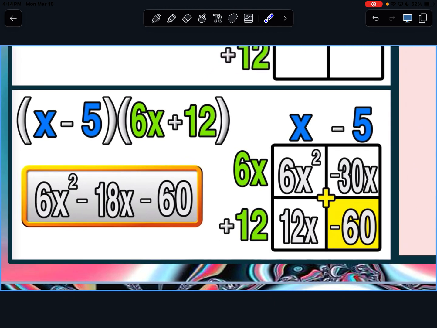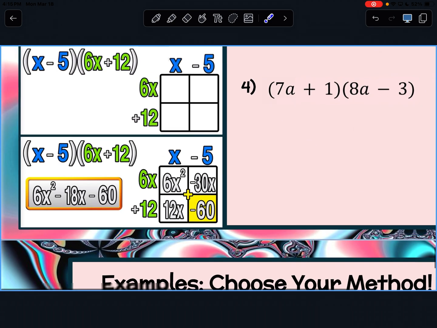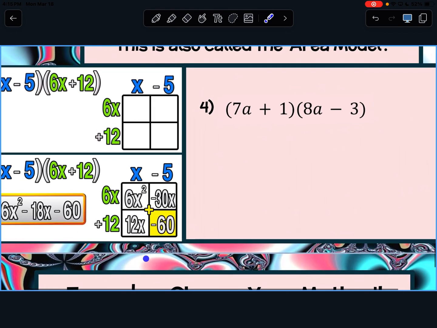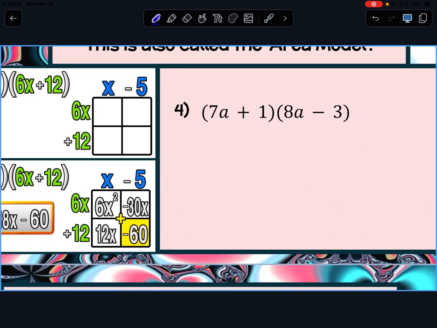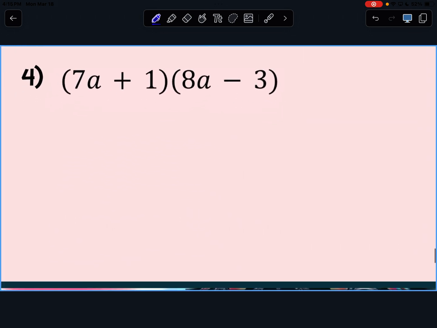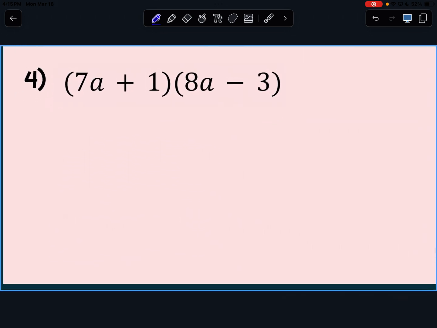And then you multiply this way. 6x times x. 12 times x. 6x times negative 5. 12 times negative 5. And then you're going to combine your like terms, which will line up on the corners. They should. Okay. And you get your answer. So let's try one of those. This is also called the area model, if you ever hear that.